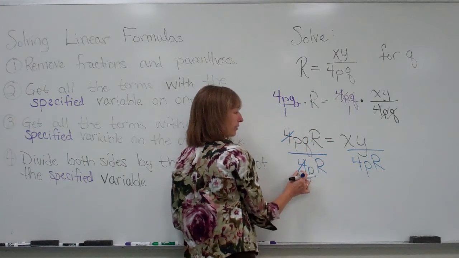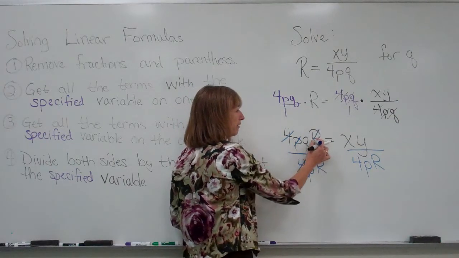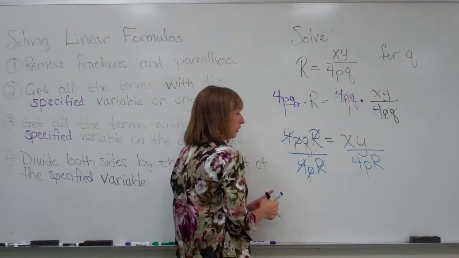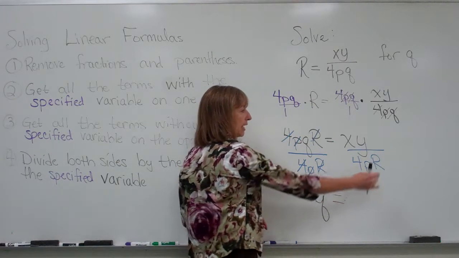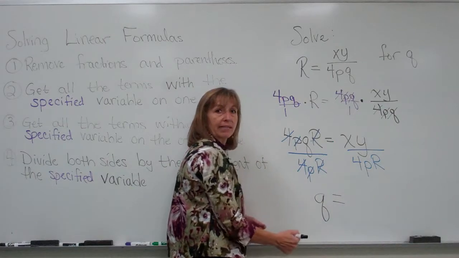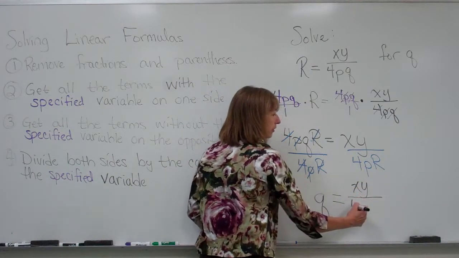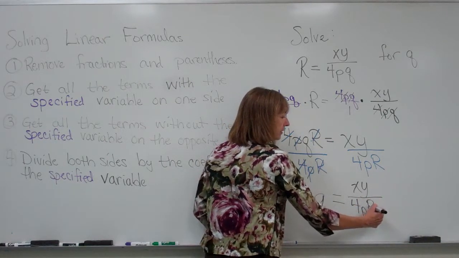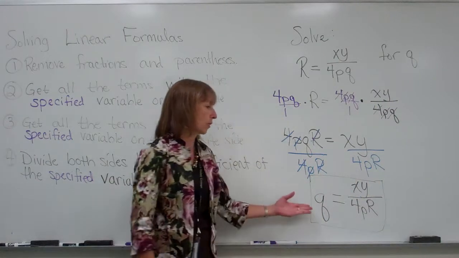The common factors of 4 can be removed, the common factors of p can be removed, the common factors of r can be removed. We're left with the q on the left-hand side is equal to, and on the right-hand side I don't have any common factors that I'll remove, so I have x times y over 4pr. And that is my formula solved for q.